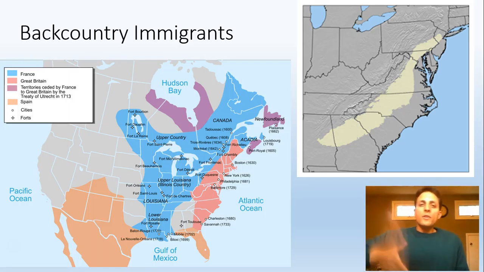So the first characteristic you want to understand about colonial immigrants is that they are going to the backcountry part of the British colonies. They're not moving to cities. They're not working in industrial jobs. They're not working in factories. These are rural, poor immigrants. And they come to America primarily because they know that America is offering opportunity in land that is not offered in European society.